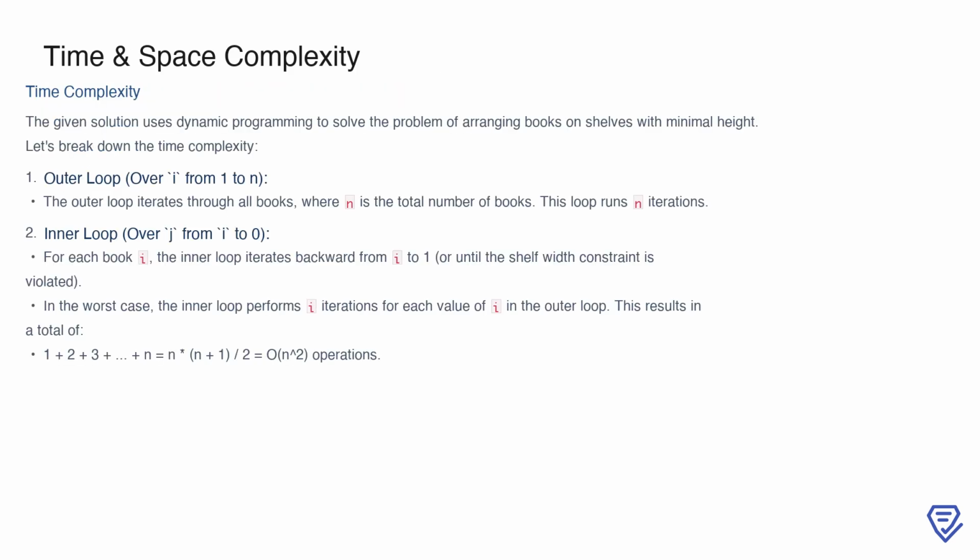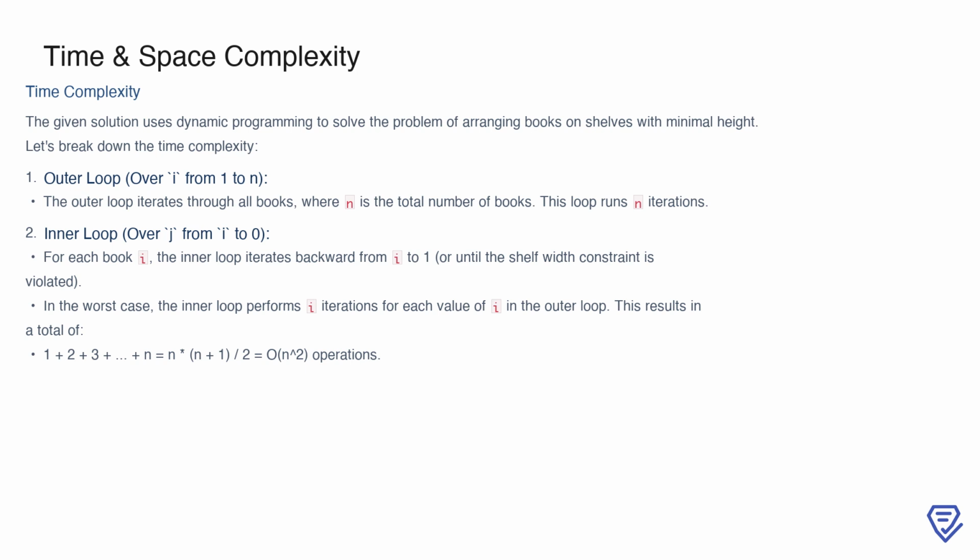The time complexity of our solution can be analyzed by looking at the nested loops driving the dynamic programming approach. First, the outer loop iterates through all the books, from the first to the nth book, so it runs n times. Inside this loop, we have an inner loop that iterates backward from the current book index i to j, stopping either at the beginning of the list or when the shelf width constraint is violated.